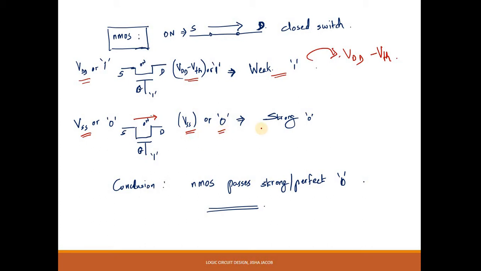So VSS is equivalent to logic 0. This logic 0 is a strong 0. In conclusion, NMOS passes a strong 0 or a perfect 0 and a weak 1. So NMOS is preferred when you want to pass a logic 0.